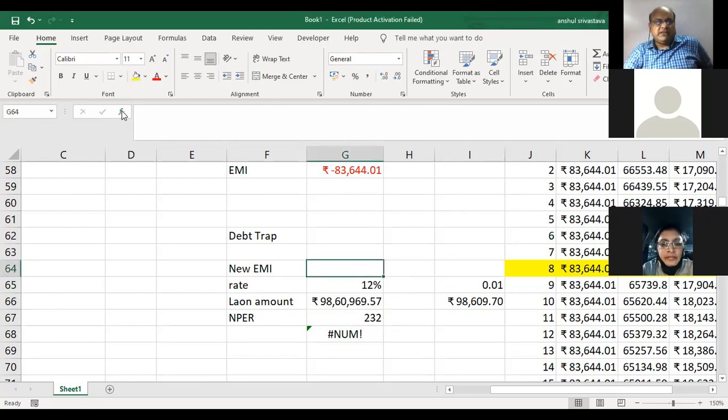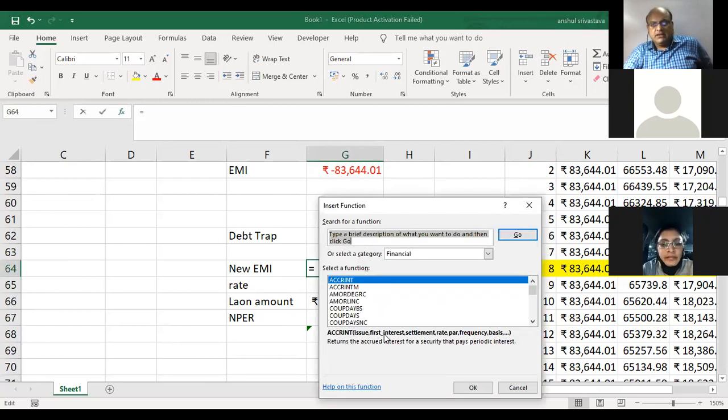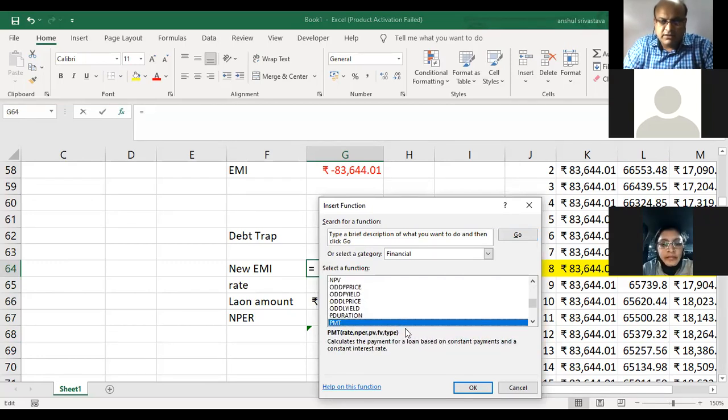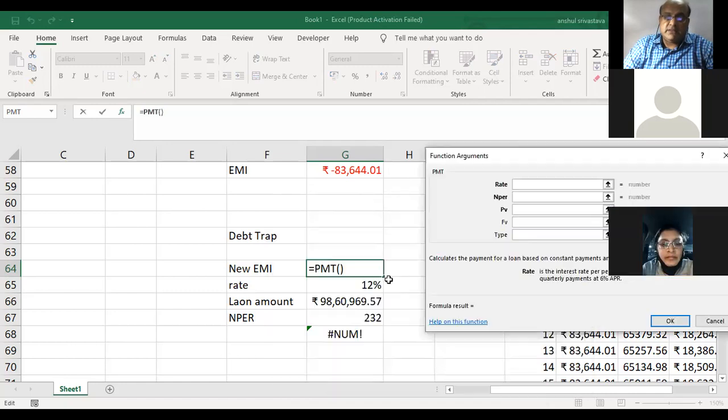New EMI would be, say this, PMT. Rate is 12% by 12. Number of periods now would be 232. PV would be 98,69,69.